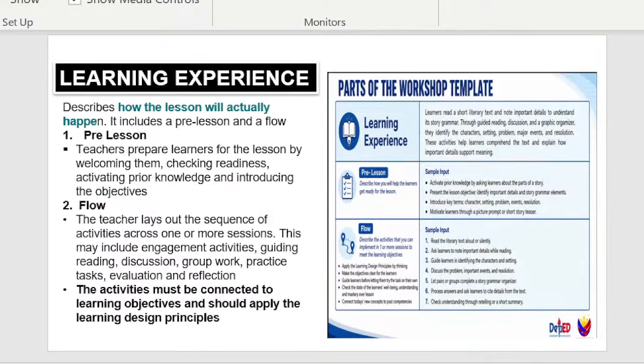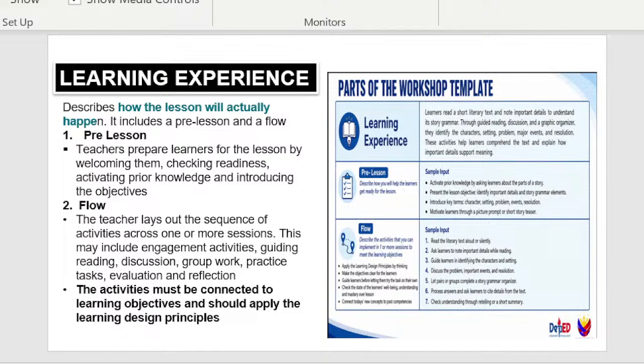Then we have the learning experience. It describes how the lesson will actually happen. It includes the pre-lesson and the flow. The pre-lesson, where the teachers prepare the learners for the lesson by welcoming them, checking readiness, activating prior knowledge, and introducing the objectives.